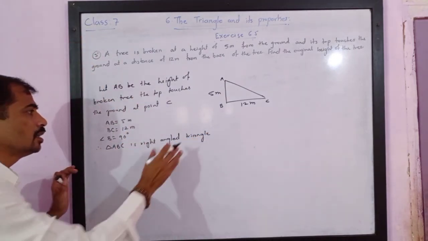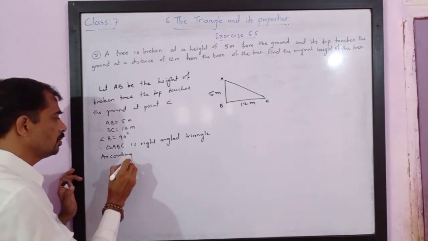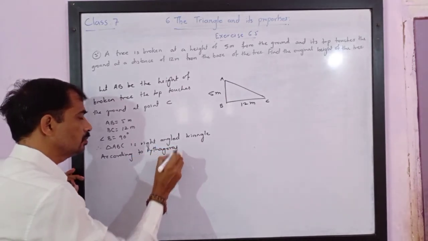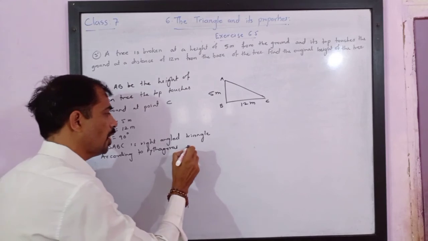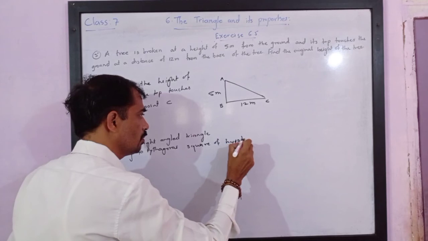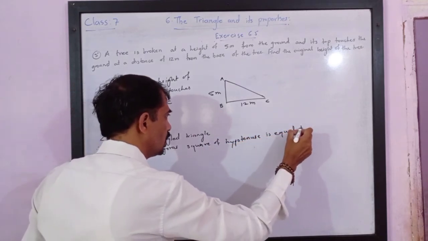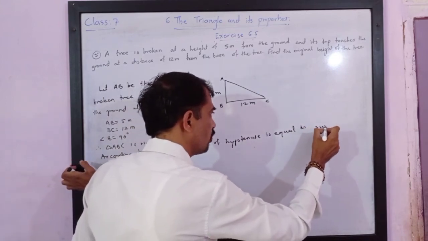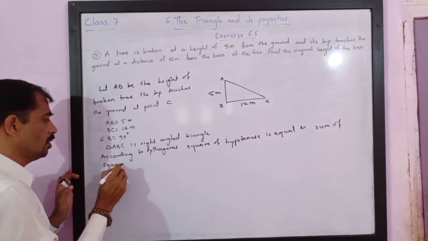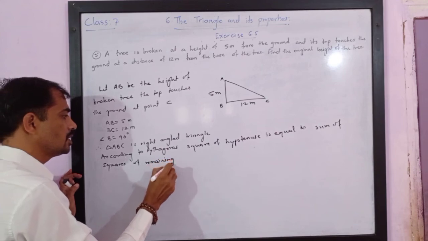And we know according to Pythagoras, the square of the hypotenuse is equal to the sum of squares of the remaining sides.